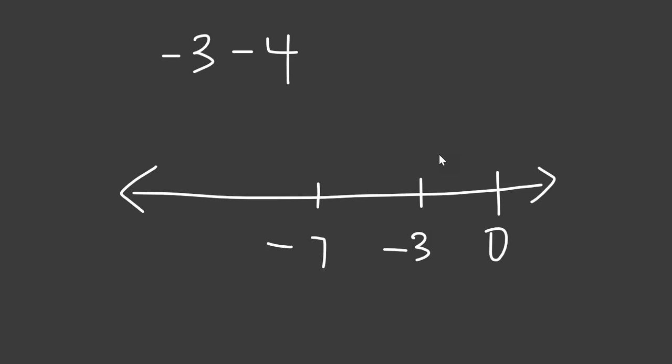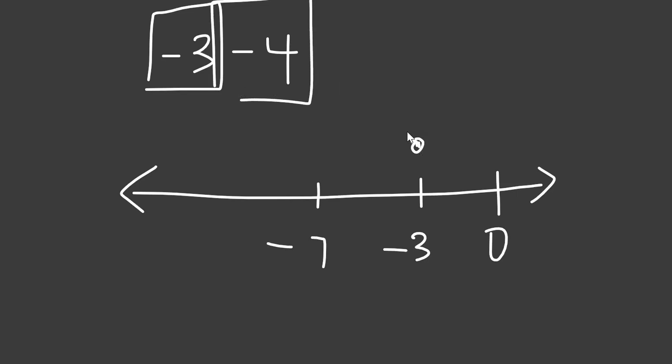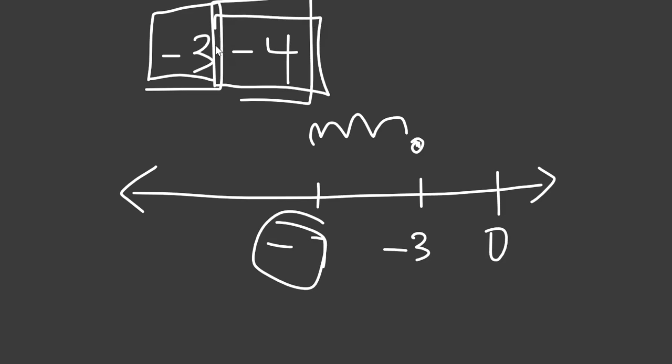We start at negative 3, and we go 4 to the left. We go to the left 4 units: 1, 2, 3, 4. And that's negative 7. So you can really think of this as negative 3, and then you go to the left 4 more times.